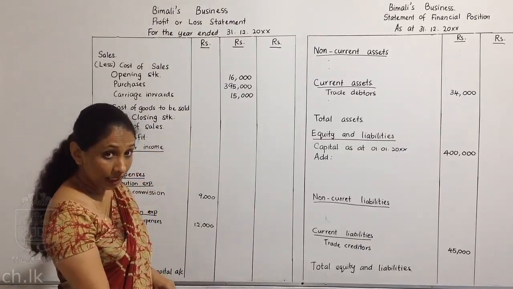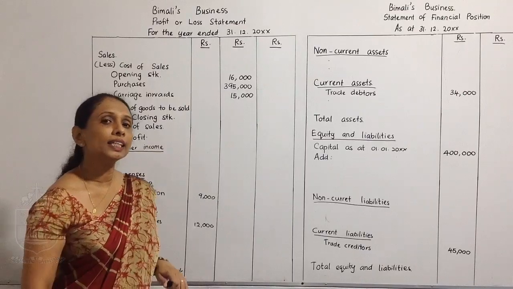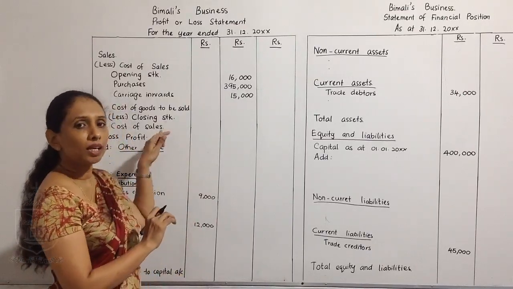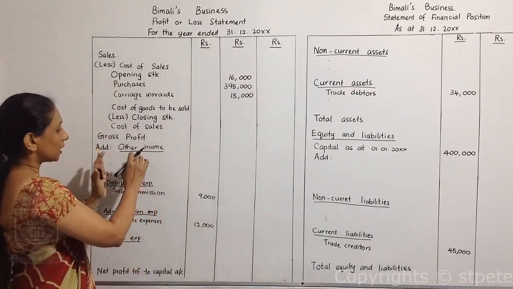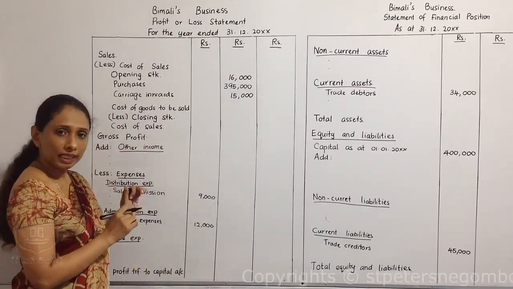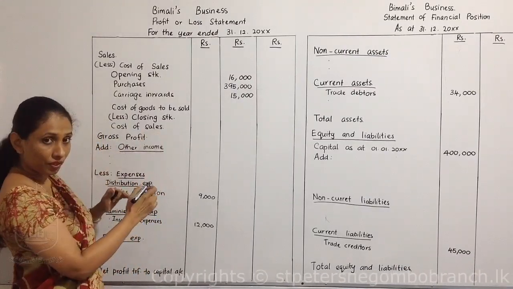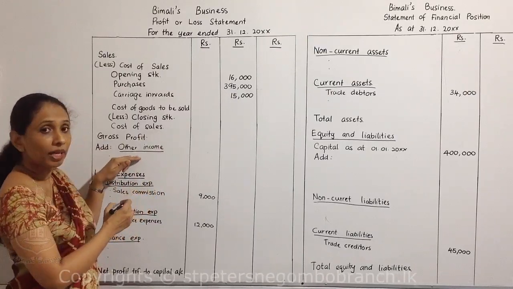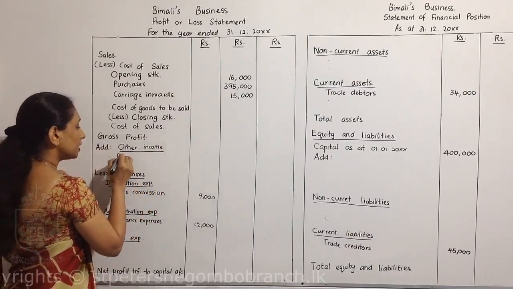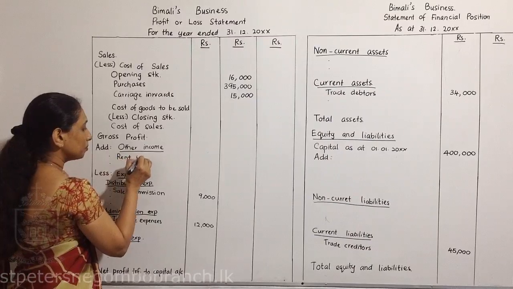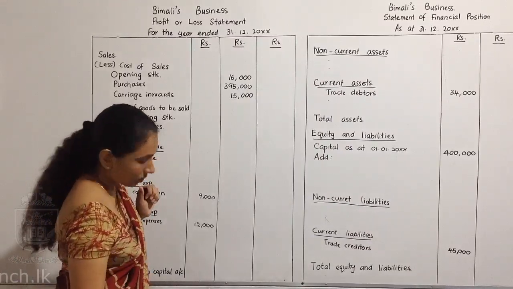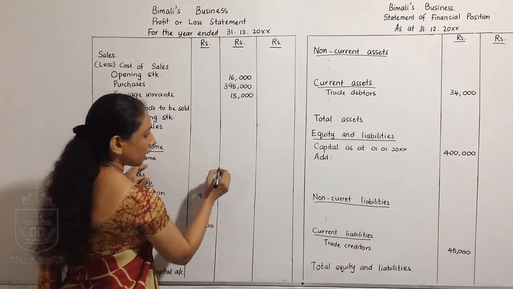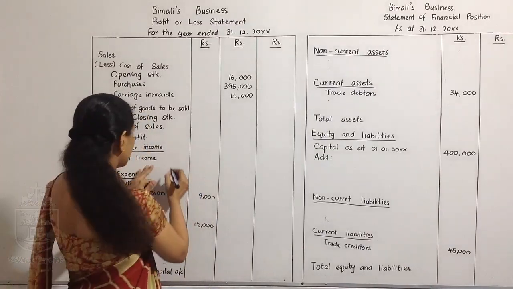Then we have rent income, which is an other income, again coming under the profit or loss statement. So let's go to the place where we have to put the other income. Soon after the gross profit, we have a space to put other income, and under that we mention rent income. And it is 30,000.